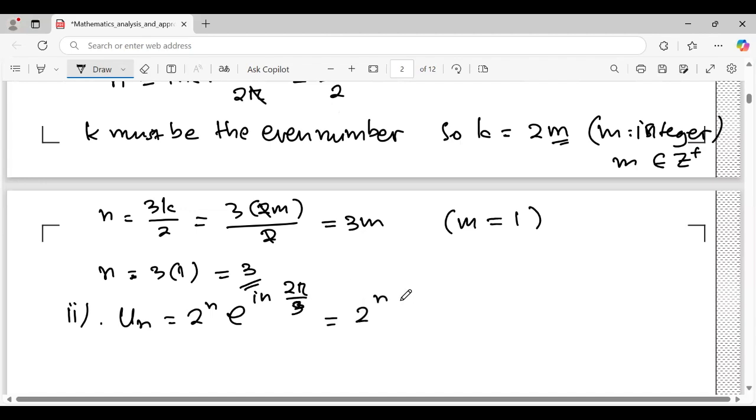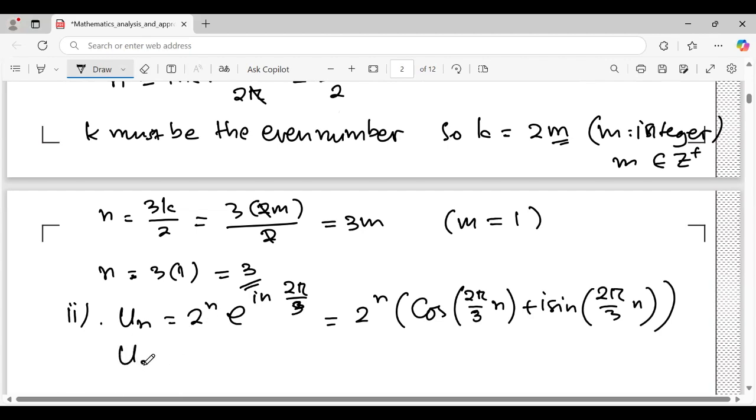Or 2 power n times cosine 2 pi third n plus i sine 2 pi third n, like this.